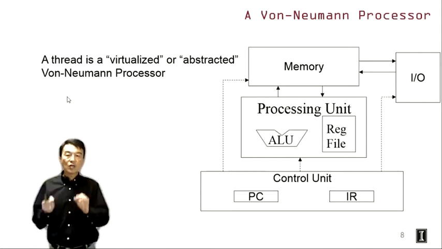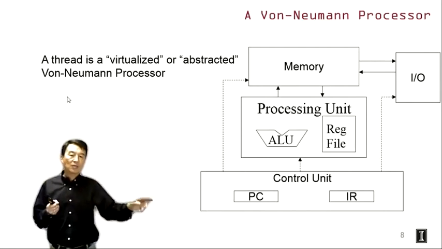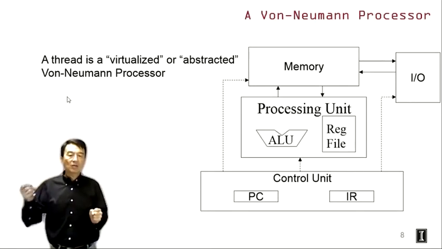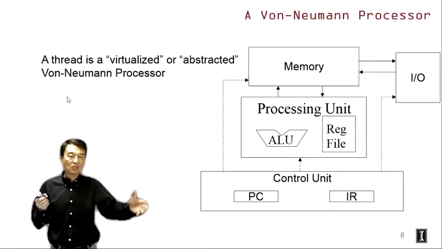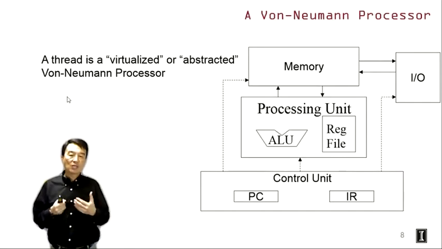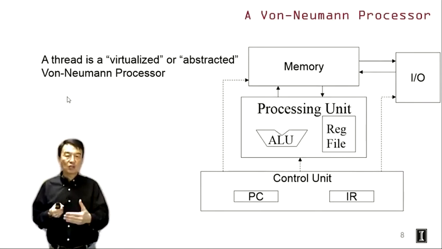The kernel function that we described is that program. And the hardware provides a large number of these von Neumann processors, and each of these processors will be executing that function, the kernel function.